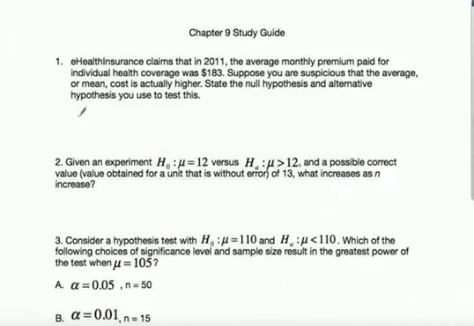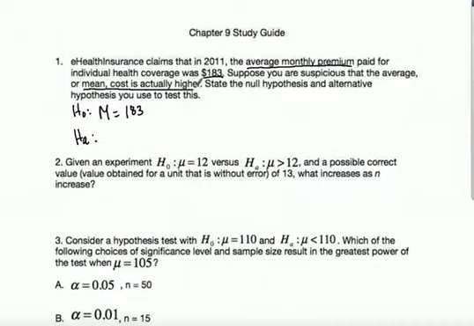All right, so if we want to state the null hypothesis and the alternative hypothesis, we're going to start with the null hypothesis. And we're going to use the information that they gave us in our problem. The claim is that the average monthly premium was $183. So we're going to say mu is equal to 183. The alternative hypothesis is going to come from the fact that you are suspicious that the mean cost is actually higher.